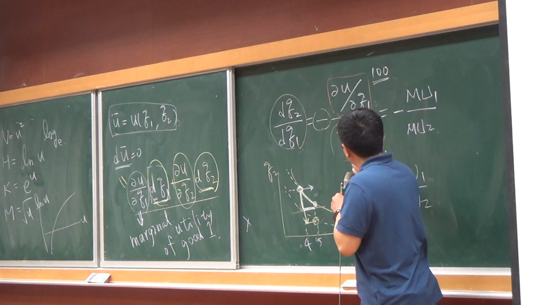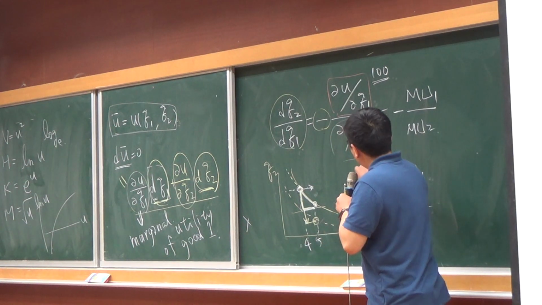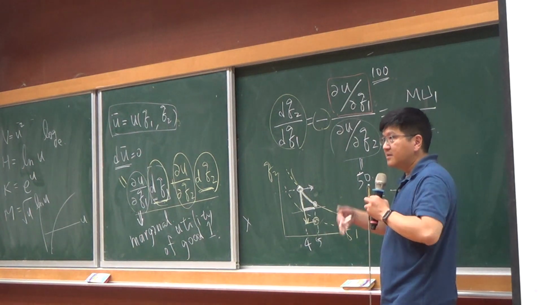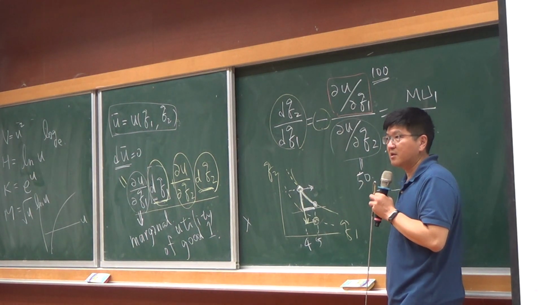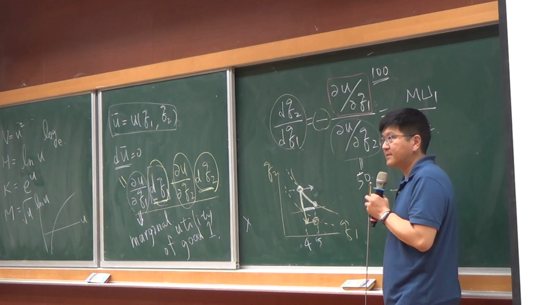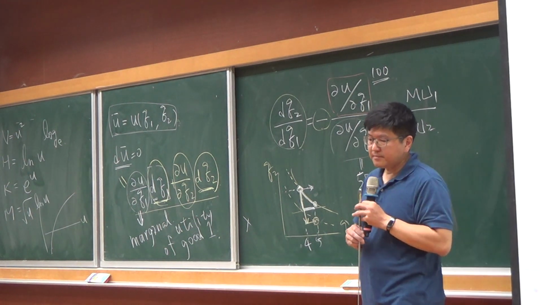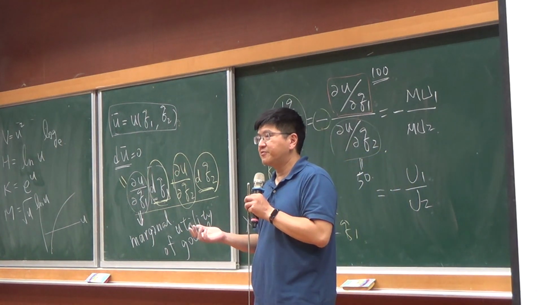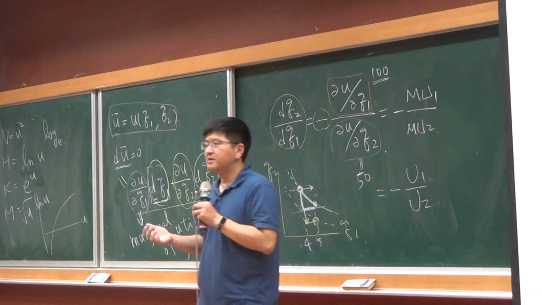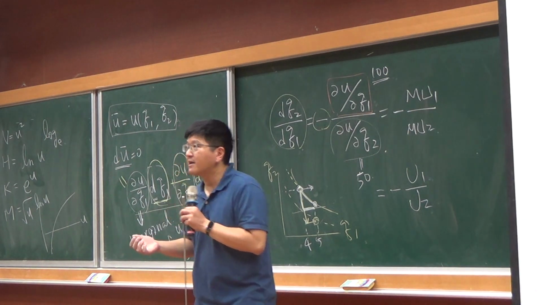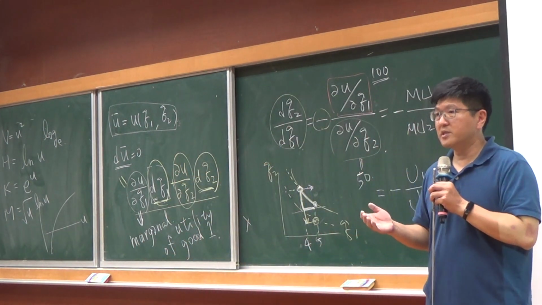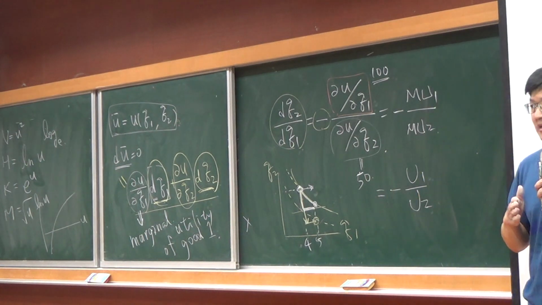If it is 50, which means with one more burrito, you may be happier by 50 points of happiness. Now, if I have one more burrito, I will be better by 50. I have two, I will be better by 100. But if I cut the consumption of burrito, I'll be 50 points less, 100 points less.